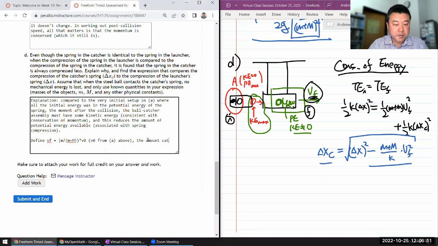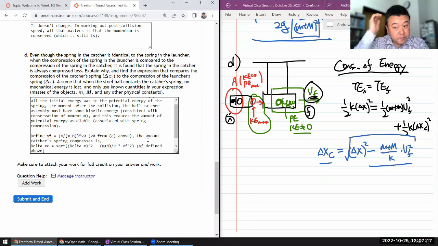The amount the catcher's spring compresses, delta x_c with lowercase c, is equal to the square root of delta x squared minus the sum of the masses divided by k times V final squared, V final defined above.